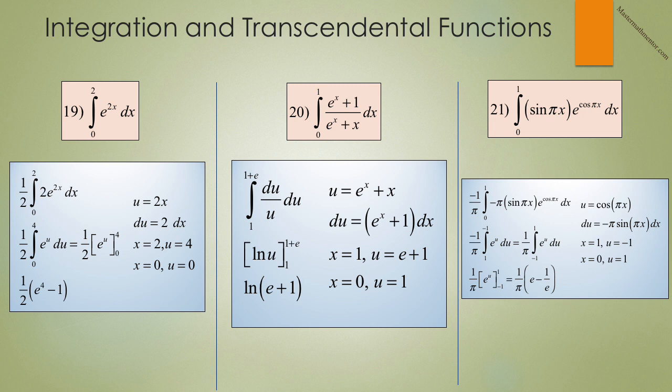When we integrate, we get 1 over pi e to the u evaluated from -1 to 1, or 1 over pi times the quantity e minus 1 over e. I suggest you do this problem on your calculator and show that the answer that you get will have the equivalent decimal value of 1 over pi times the quantity e minus 1 over e.